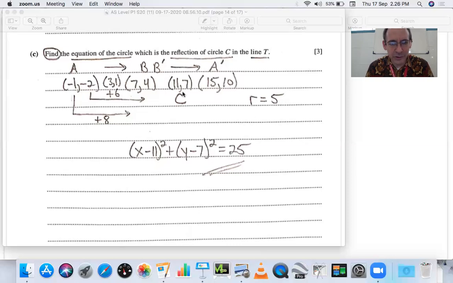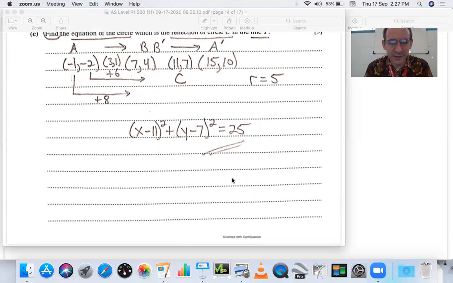And so your new center is going to be 11, 7, and your radius is still 5. When you reflect that circle over, you don't change the size in a reflection. So radius is still 5. We plug that in and we get x minus 11 squared plus y minus 7 squared equals 25.